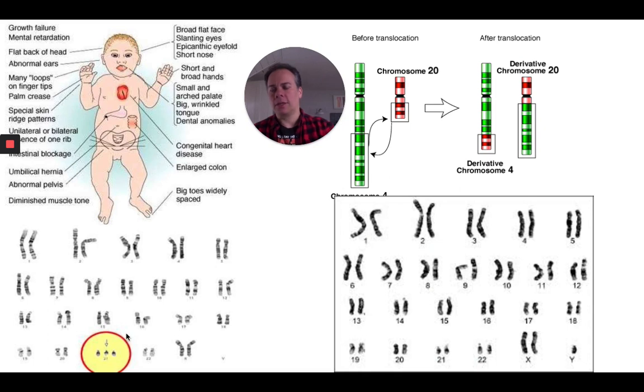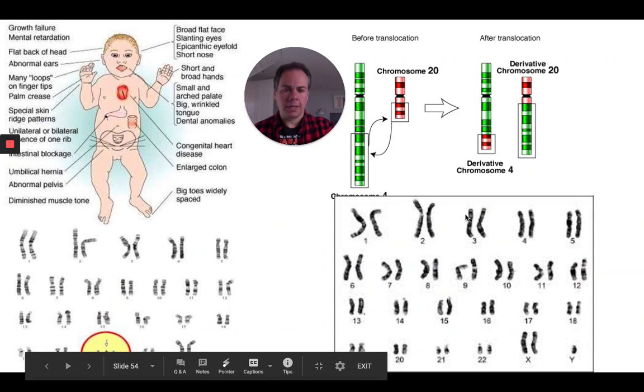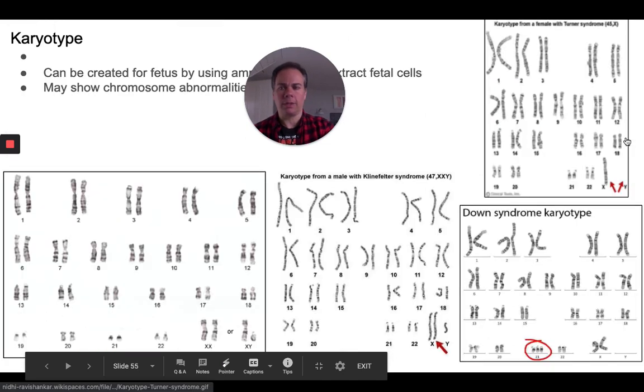And so because, again, there's many genes on that 21st chromosome, it leads to a whole host of difficulties in terms of physical and developmental development. Here we see again an example of having that 2 X and a Y chromosome, okay, another type of chromosome abnormality.